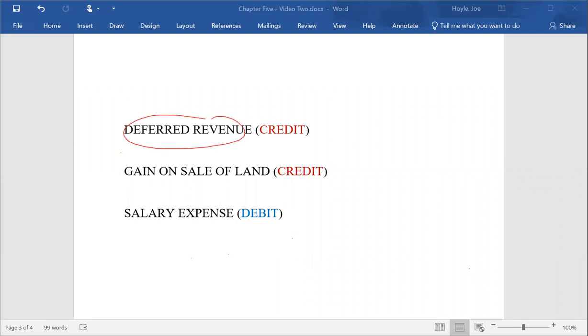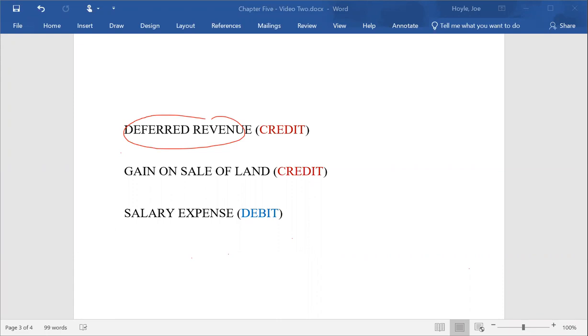Deferred revenue is where the company has received a payment, but the performance obligation has not yet been fulfilled. Therefore, the money that you get creates a liability or an obligation, because you either have to finish the performance obligation or you have to give the money back.